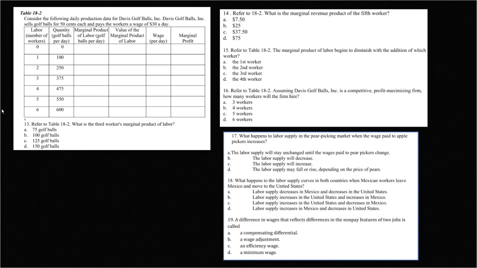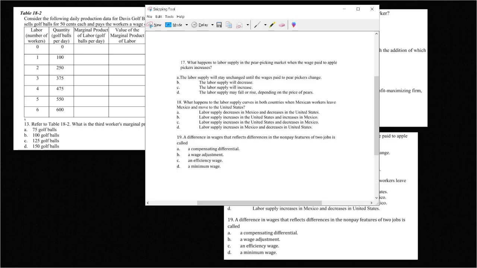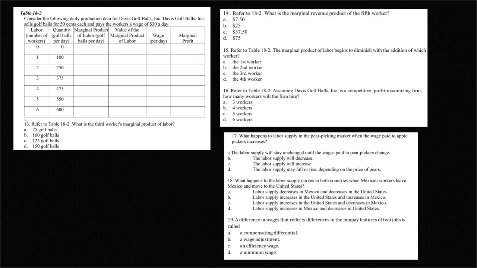All right, so we have this table here, and let's fill in the table. We first have marginal product of labor, or marginal product. At zero workers, things get kind of weird.